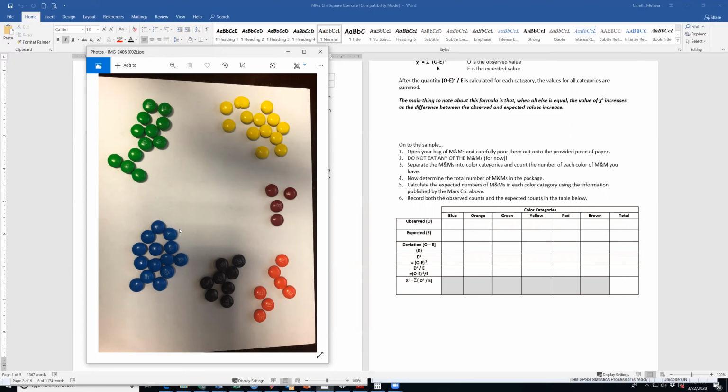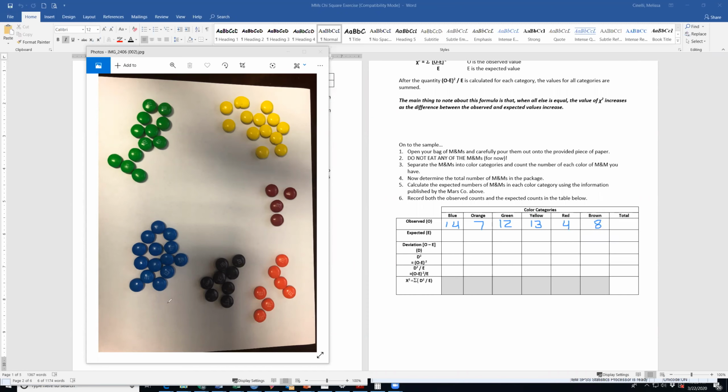I observed, let me see if I can get the text going. Oh, this is going to be horrible. Let me just write with this thing. I observed 14 blue M&Ms, 7 orange M&Ms, 12 green, 13 yellow, 4 red, and 8 brown.